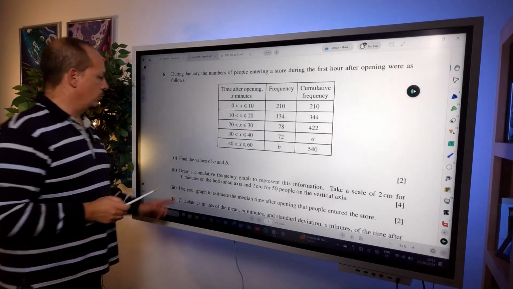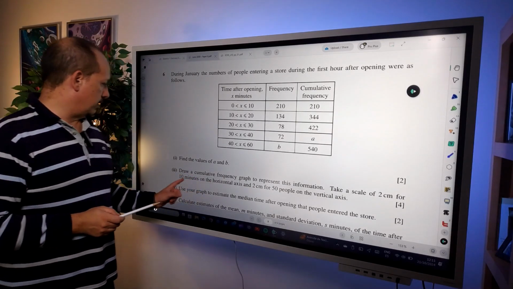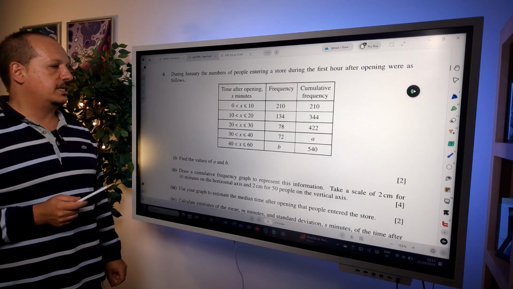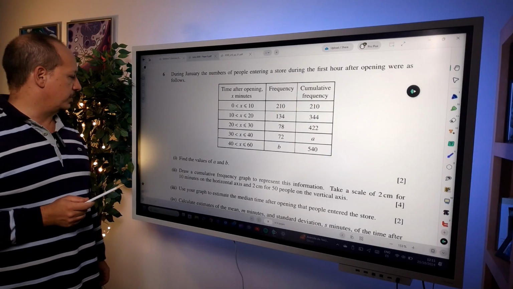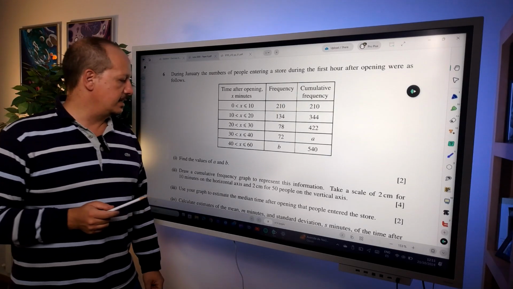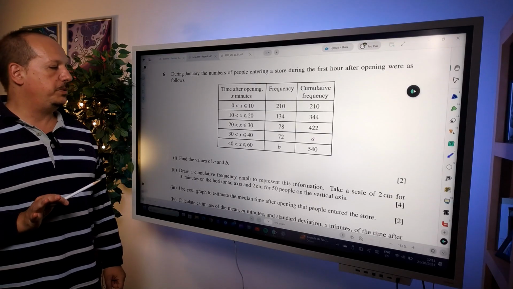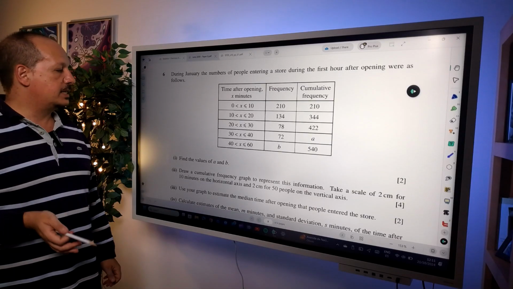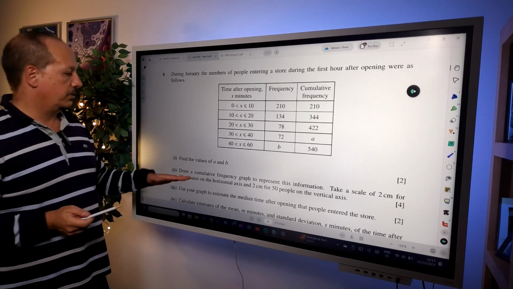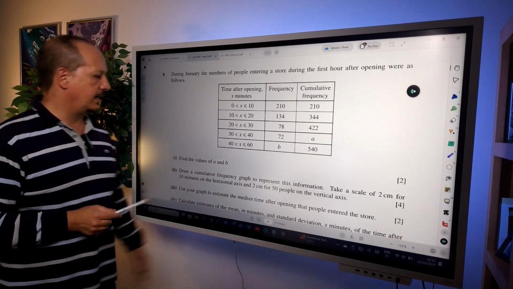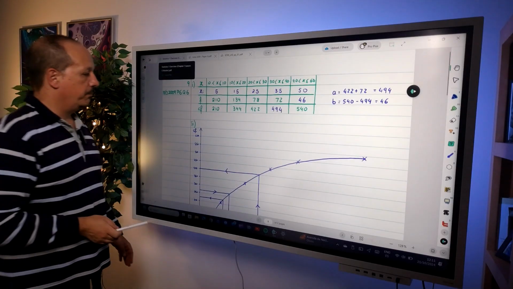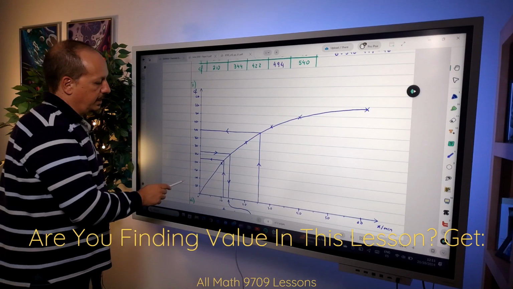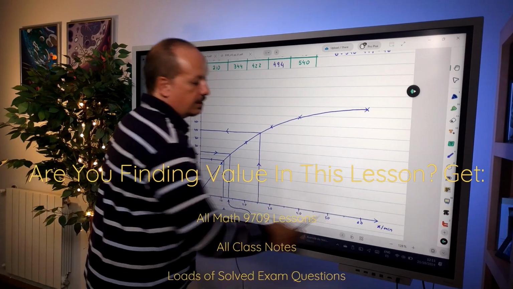Next question asks you to draw a cumulative frequency graph to represent this information. Take a scale of 2 centimeters for 10 minutes on the horizontal axis and 2 centimeters for 50 people on the vertical axis. Obviously, for practical reasons, I cannot follow exactly this scale. But anyway, following those instructions, you would end up with something like this.